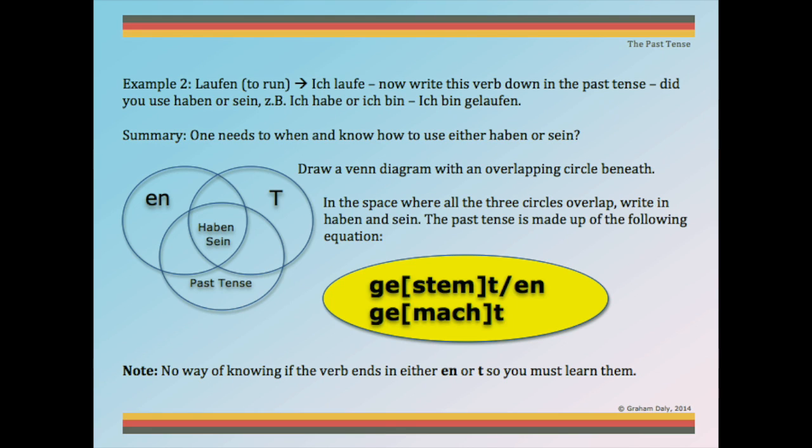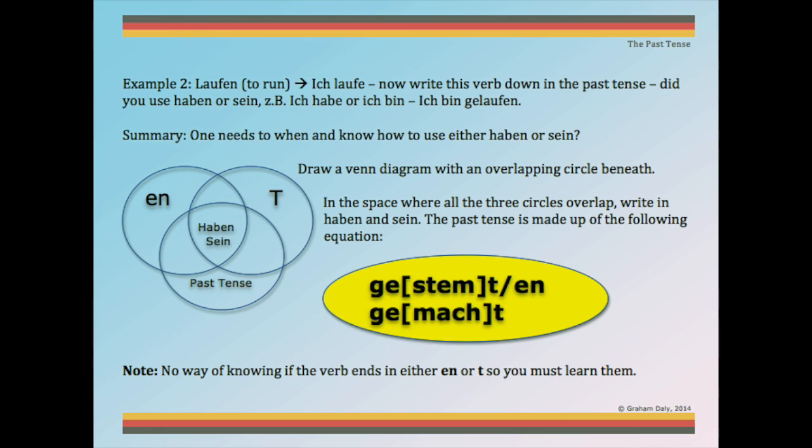Did you use ich habe or ich bin? Okay, it's ich bin. Ich bin gelaufen. G-E-L-A-U-F-E-N.